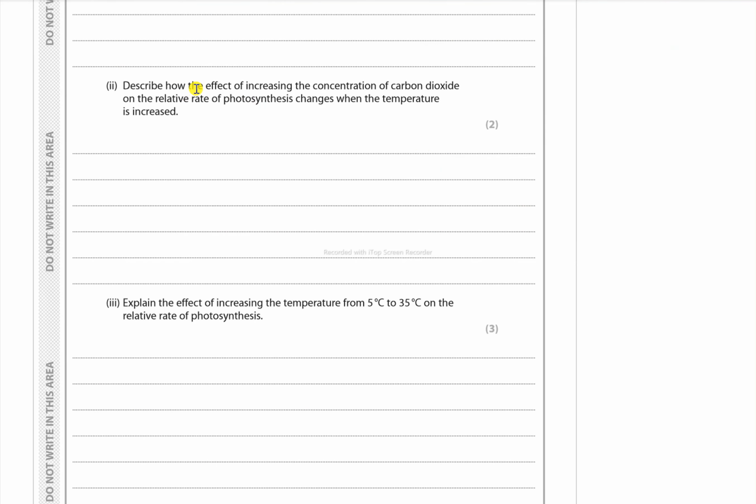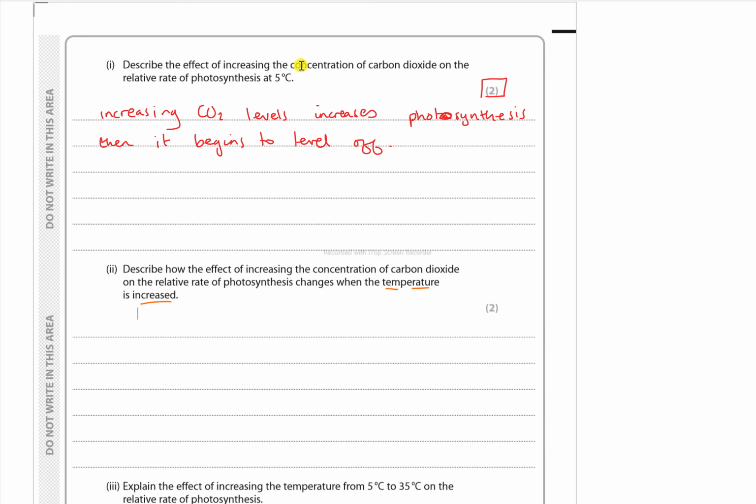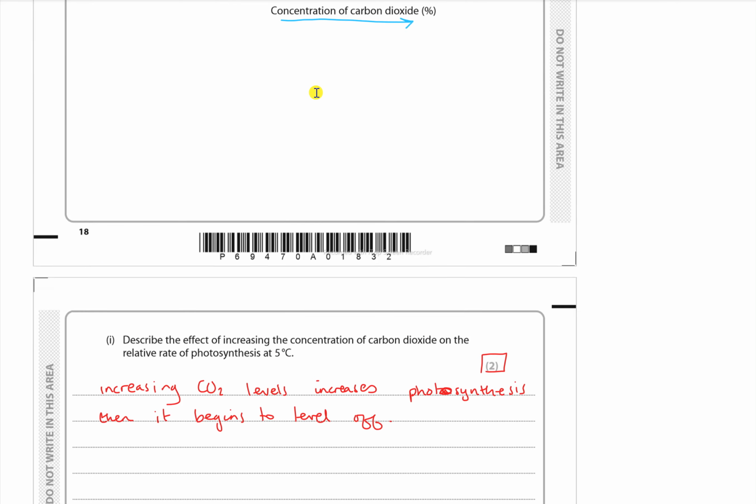Describe how the effect of increasing concentration of CO2 on the relative photosynthesis changes when temperature is increased. So what they're trying to say is describe it. We're not going to explain it, we're going to describe it. So let's go up.